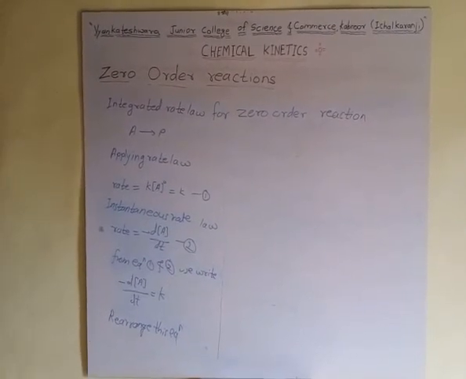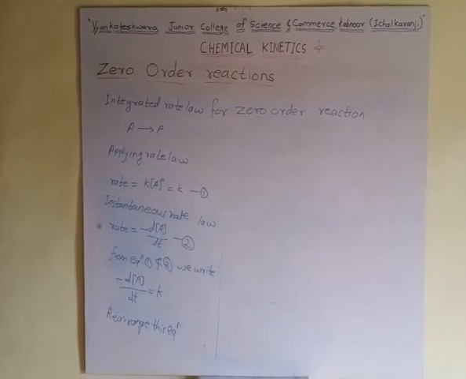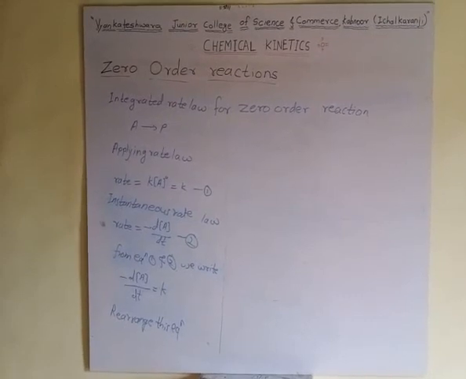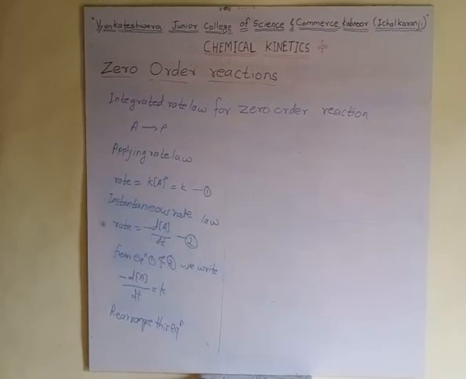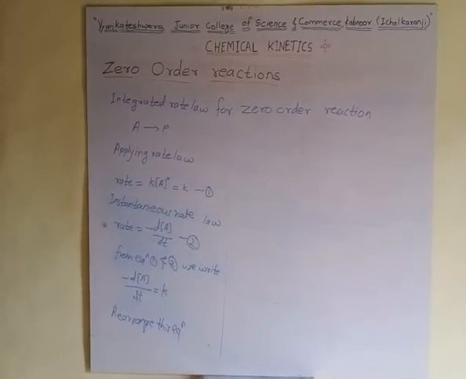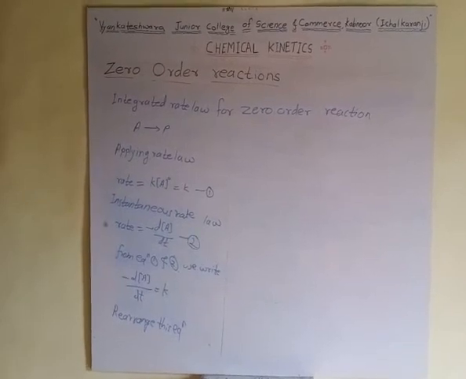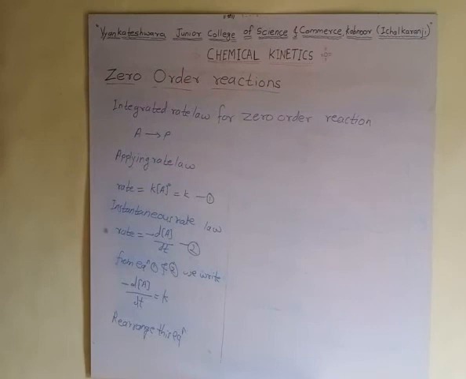From these two equations, 1 and 2, we can write minus d concentration of A upon dt equal to K.